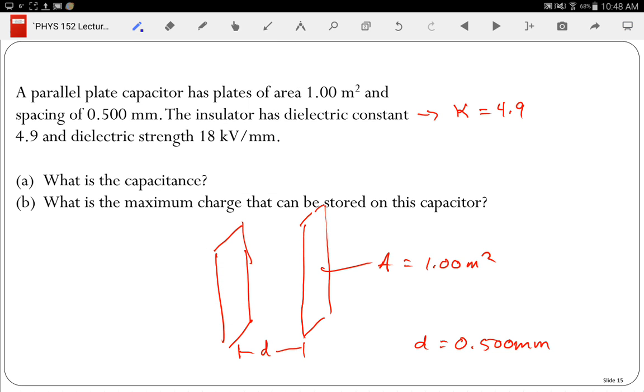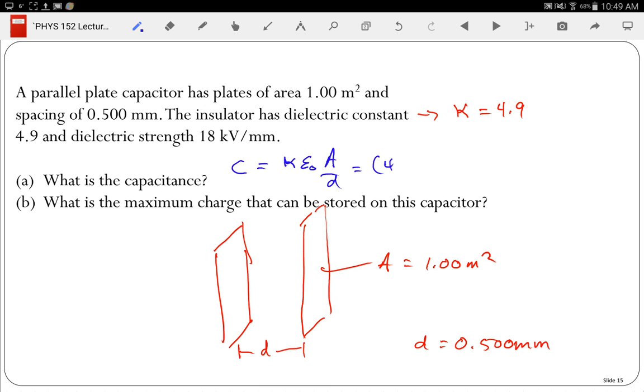This is probably not going to challenge you. What's the equation for capacitance? Okay, so I just have to put my numbers in.